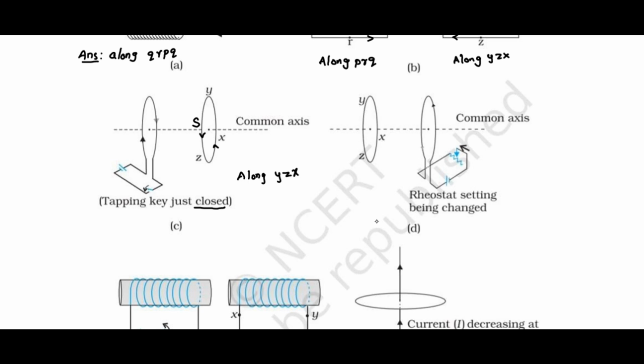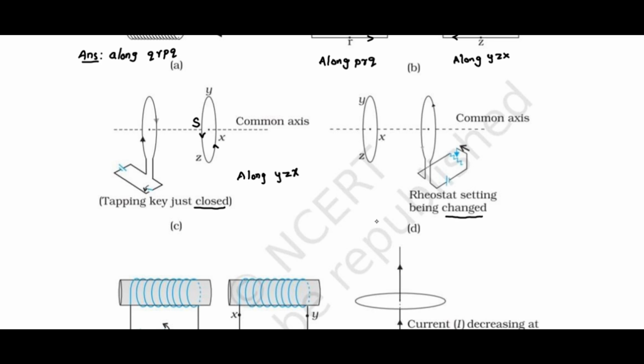Coming to D. Here, as the rheostat is adjusted, the resistance decreases and the current increases. This increases the flux through the neighboring coil.